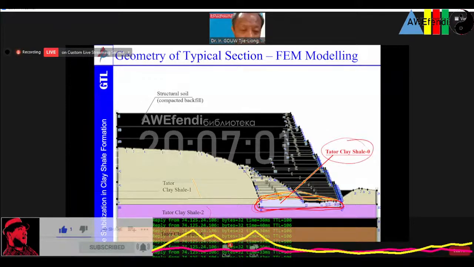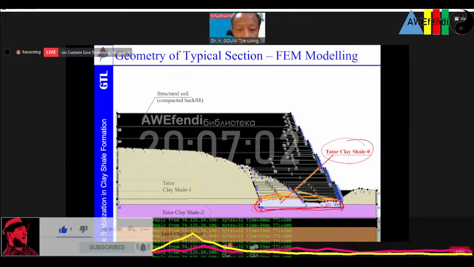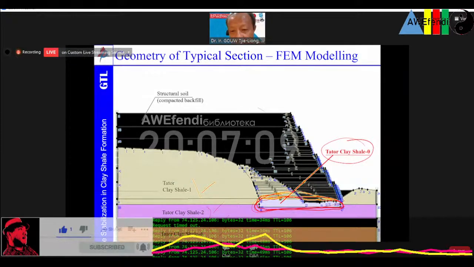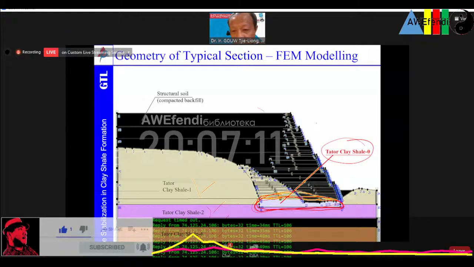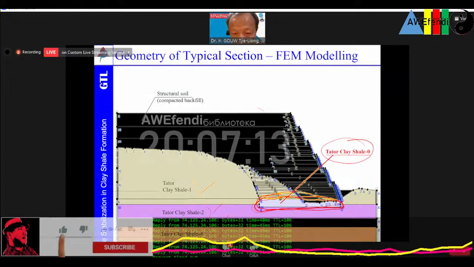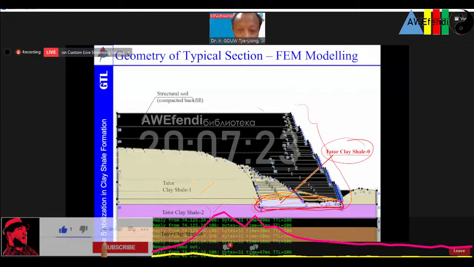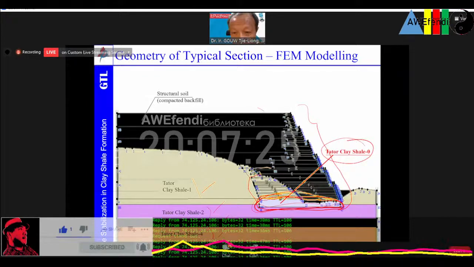And then clay shale 1, clay shale 2, 3, and 4. And the green one is the compacted backfill material, and this is roughly the formation of the geosynthetic reinforced earth wall, so the geosynthetic is lesser in length, and wider at the bottom, right?